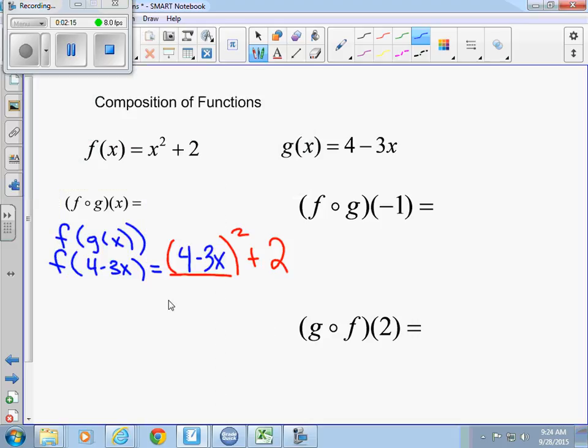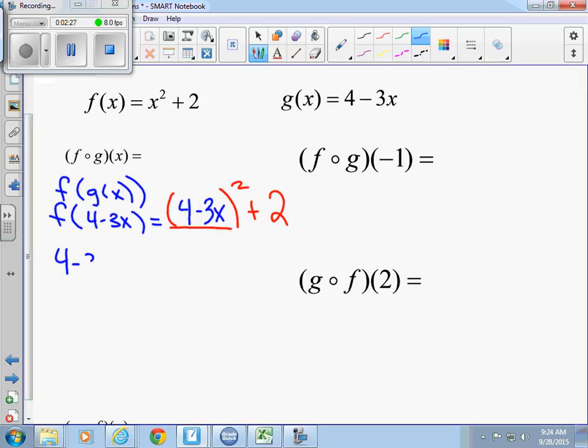So what I need to do to finish this problem, I need to write that as 4 minus 3x times 4 minus 3x, and then distribute that out or FOIL that out.